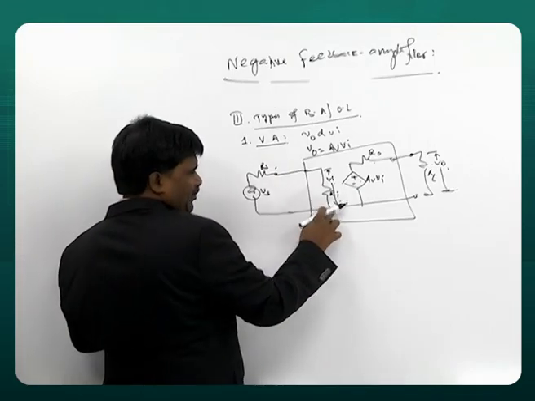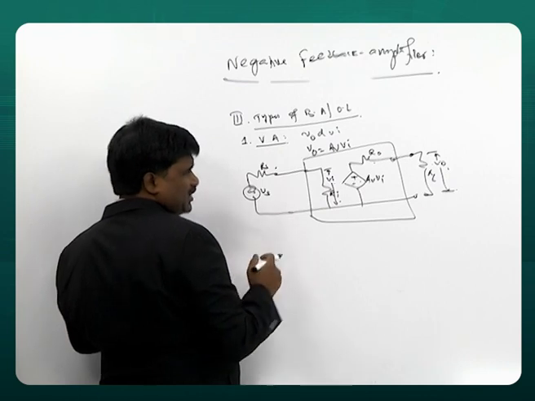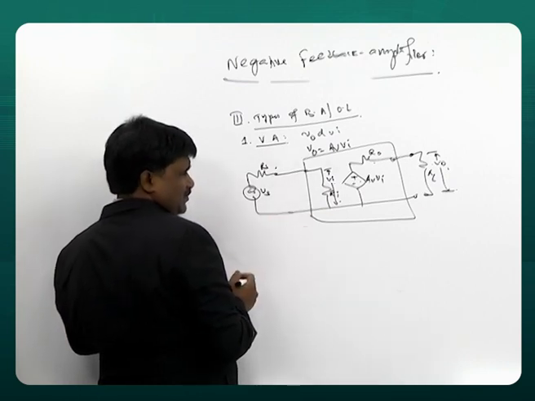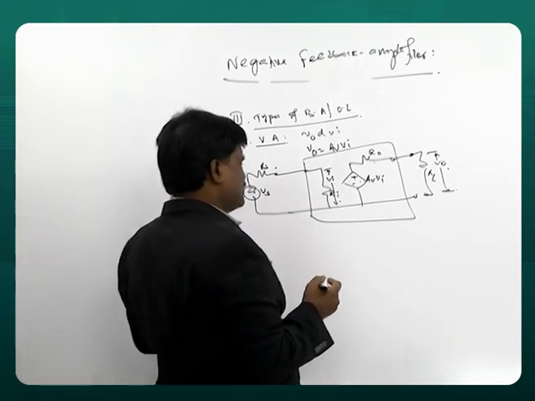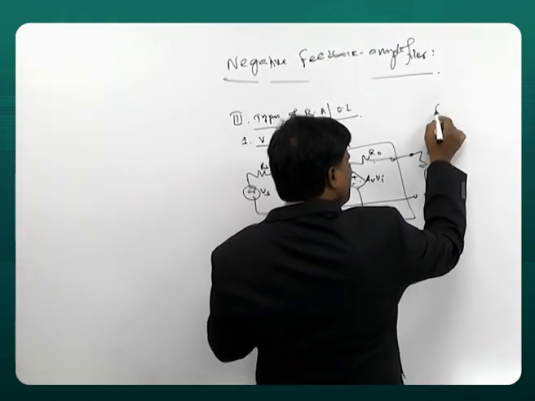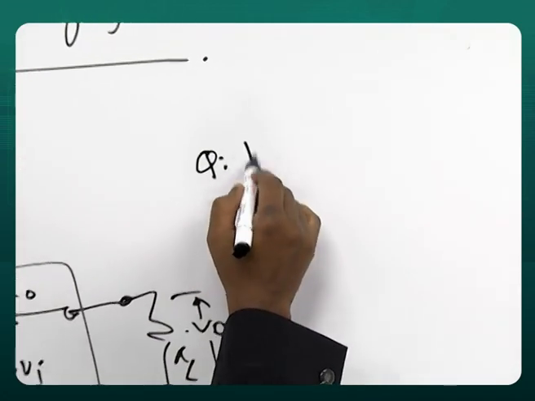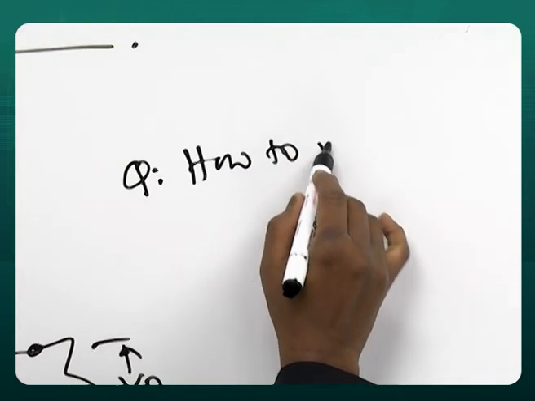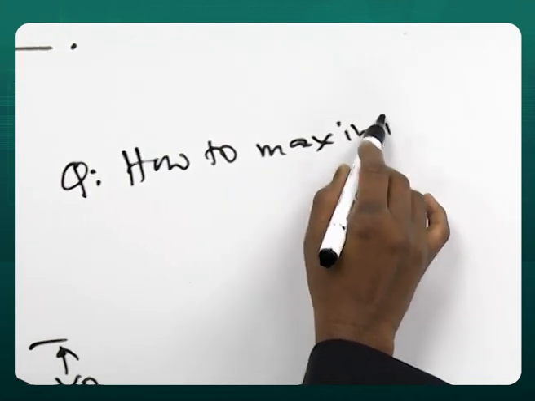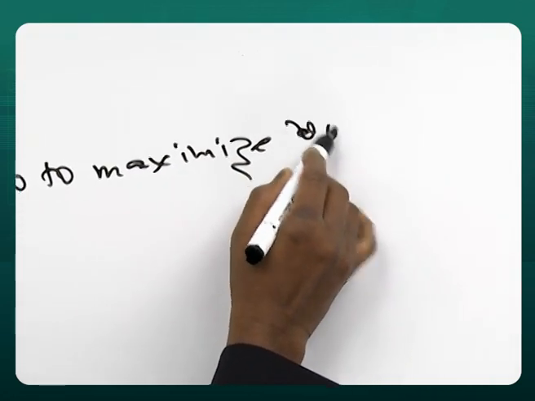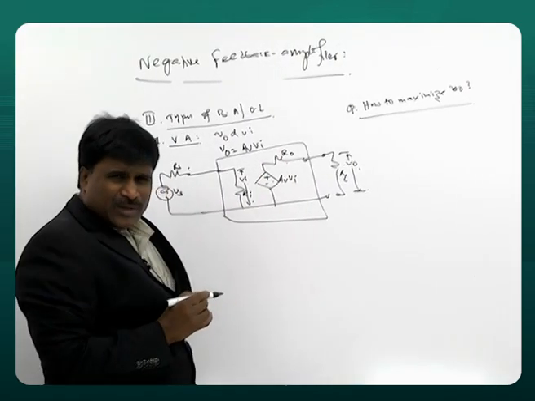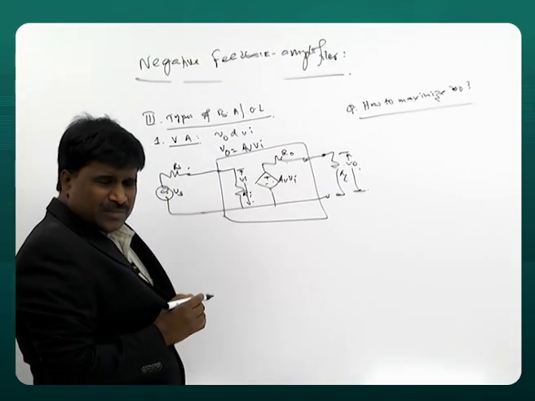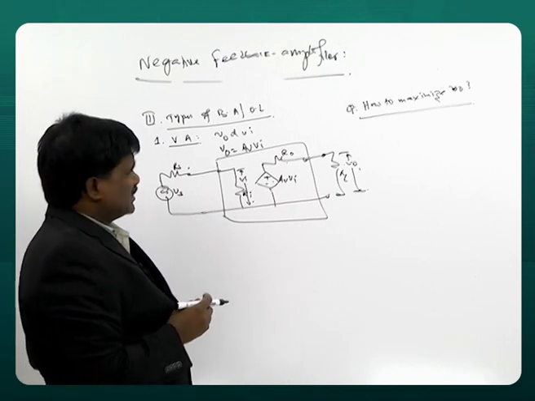This is called an amplifier. But the question is, what are the characteristics? What is the behavior? For example, the question is how to maximize V0. Because the very purpose of an amplifier is maximizing output.